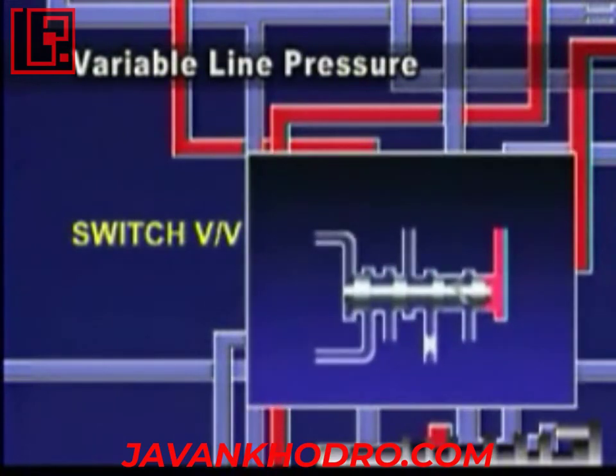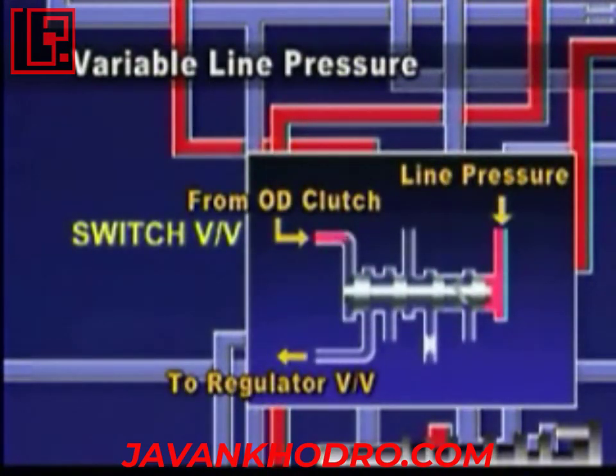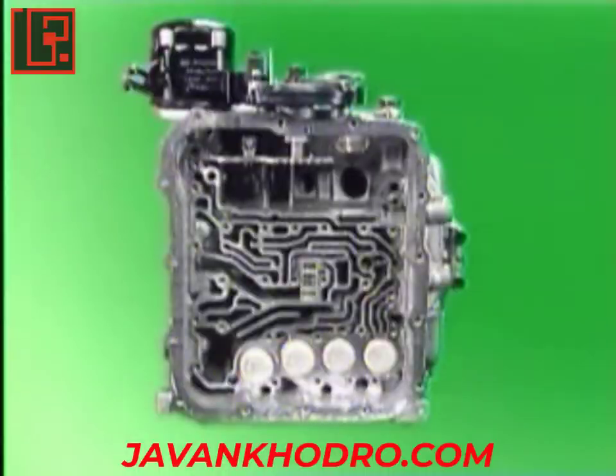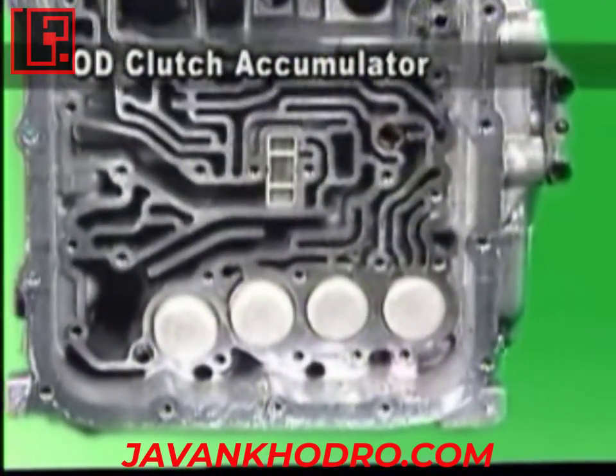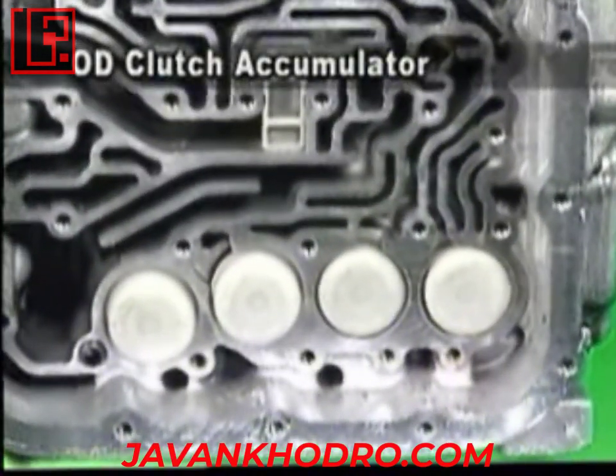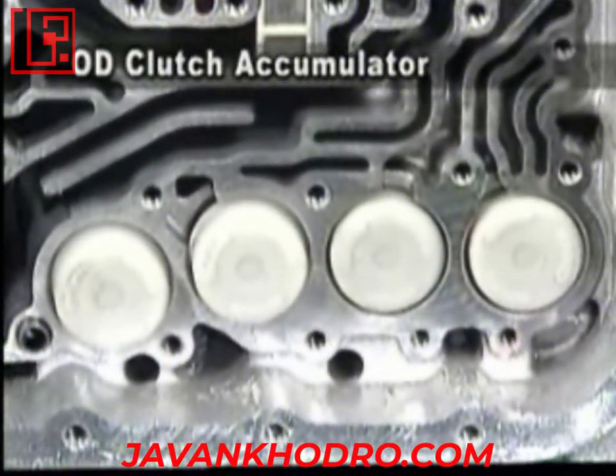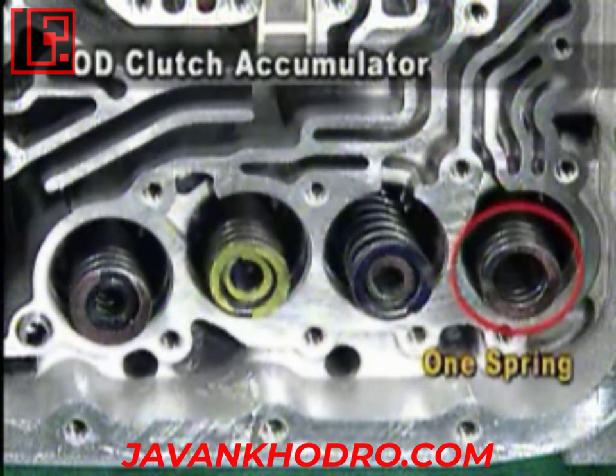So, the line pressure of third speed gear decreases relatively. This is why there is only one spring in overdrive clutch accumulator.